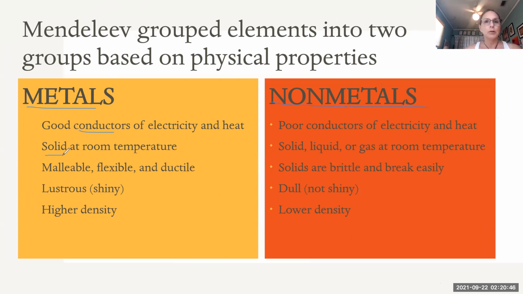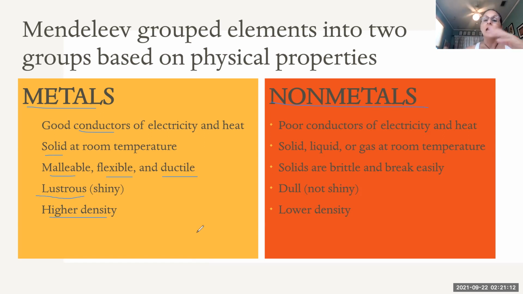They're malleable, which means they can be hammered out. They're ductile, which means they can be drawn into a wire. They're shiny, also known as lustrous, and they have a higher density. You could use the word lustrous when you're saying, oh my God, my face is so lustrous. Shiny, get it? All right, never mind.